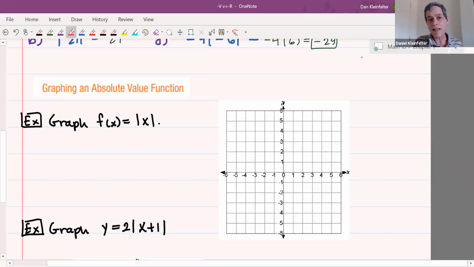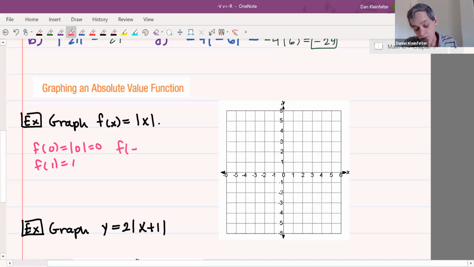All right, so we wanted to take another look at the graph of the absolute value function. We had seen this before a couple of times. We could start by evaluating the function at a couple of places. The absolute value of 0 is 0. The absolute value of 1 is 1. That's not very exciting, right? The absolute value of negative 3 is just going to be positive 3.